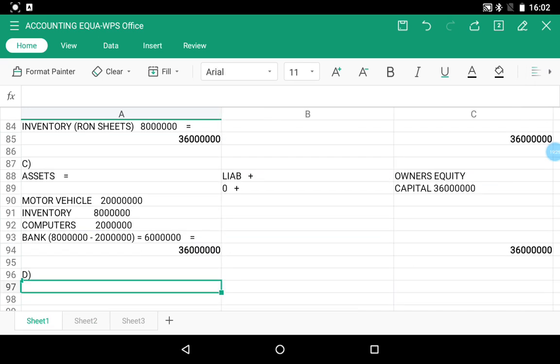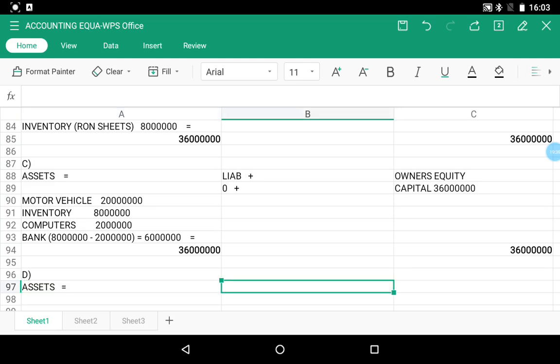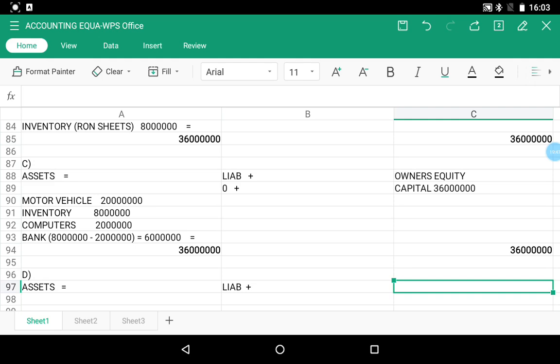You obtained the loan. So here, first thing, we are going to first state our accounting equation, which is assets is equal to liabilities plus owner's equity.